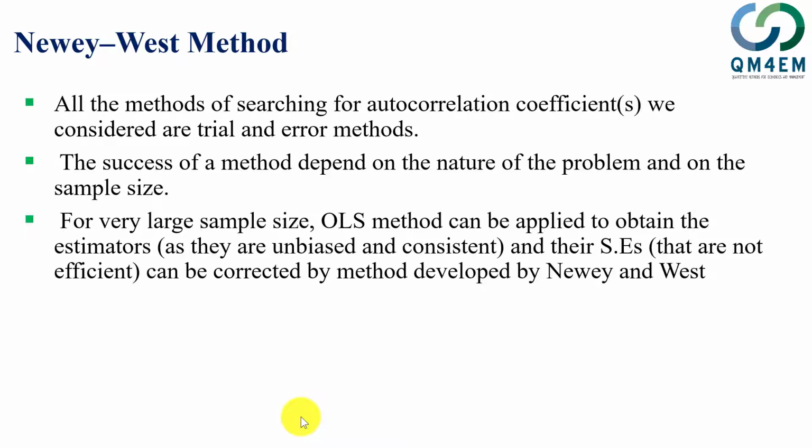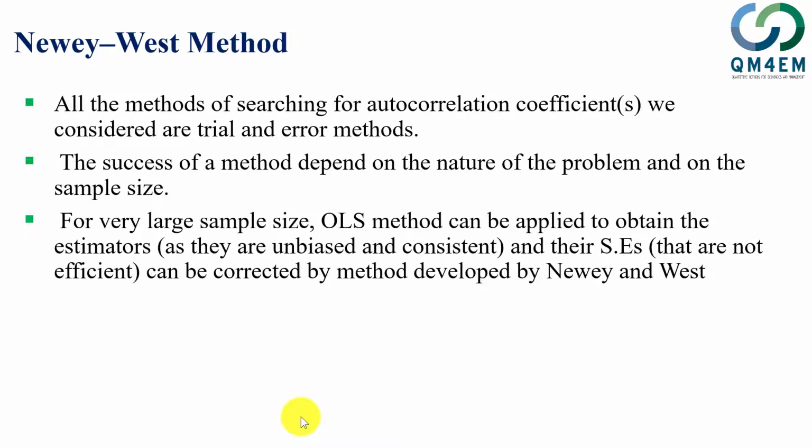Now there may be a question of how the Newey-West method ensures these BLUE estimators directly. There is a certain mechanism working in the background, but as students of management education, we are not concerned with that mechanism; all we have to do is apply this method.